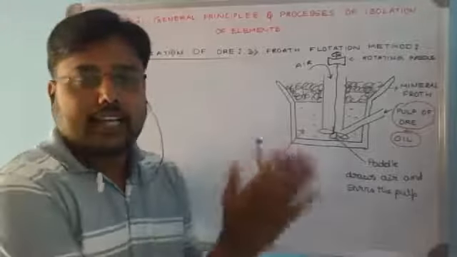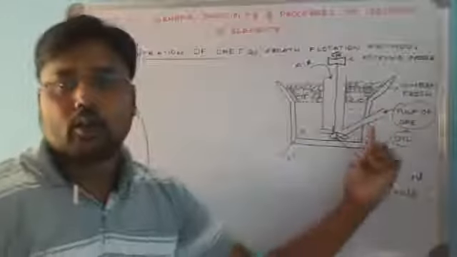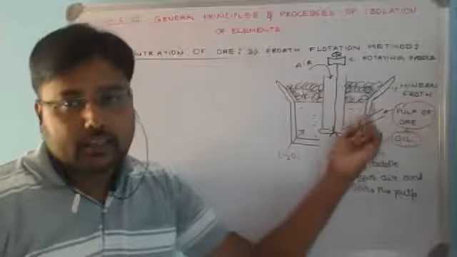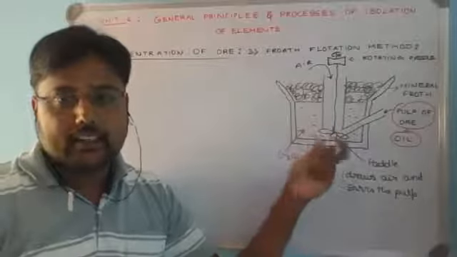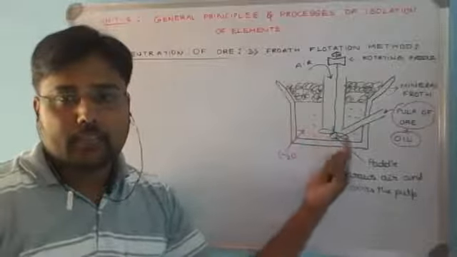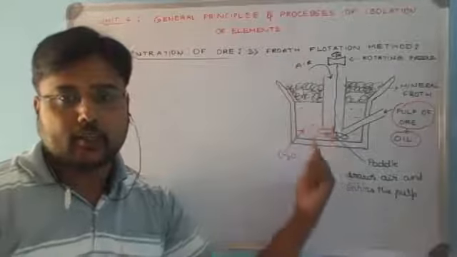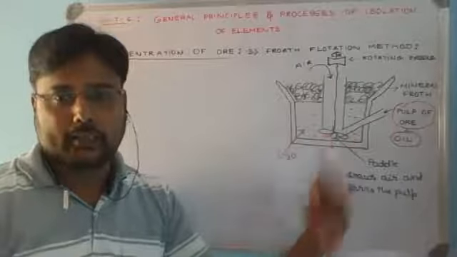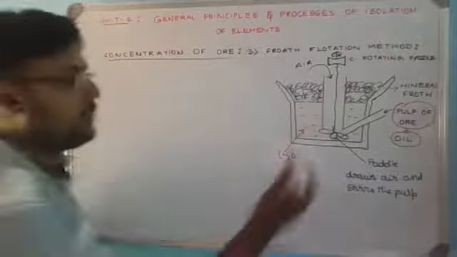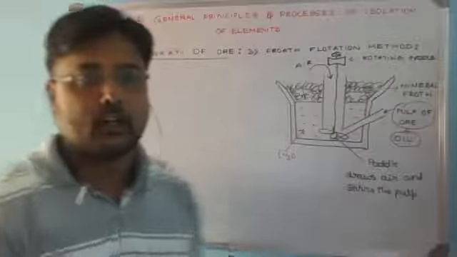So the ore particles coated with oil, coming through the side tube, are agitated, that is mixed with the help of paddles through air taken into it, and the water and the oil coated ore particles will come into contact.